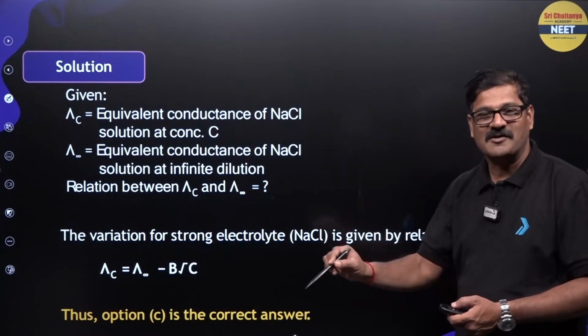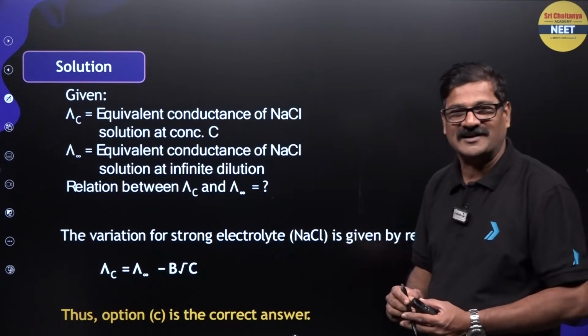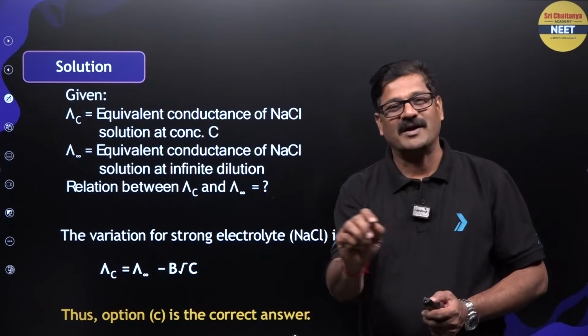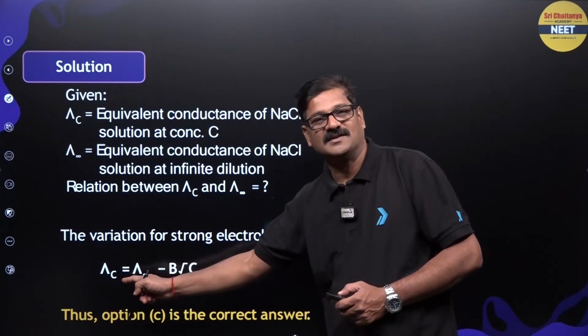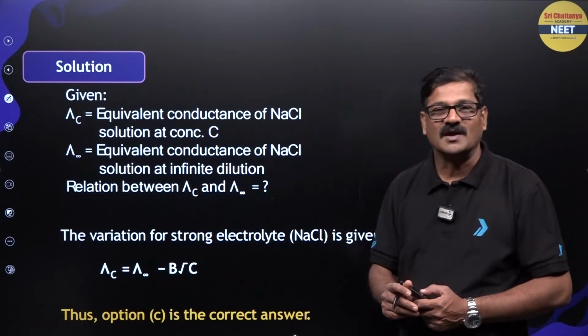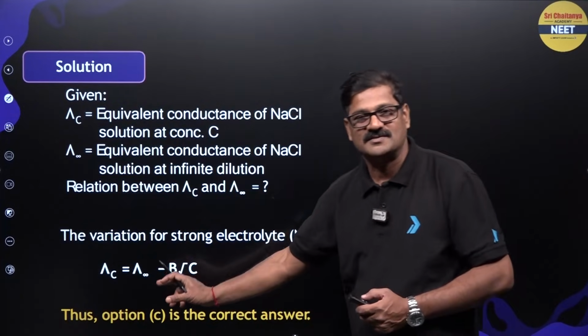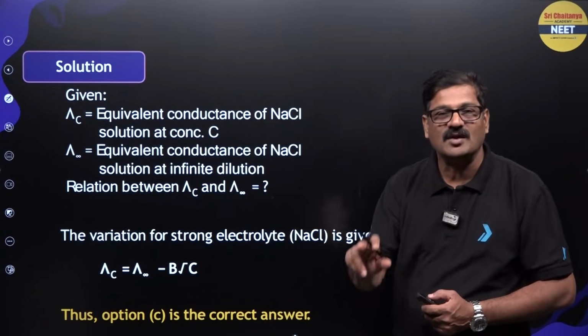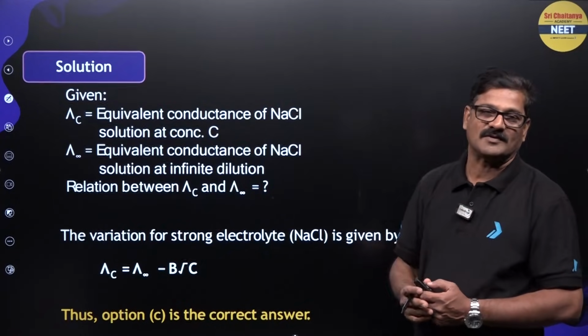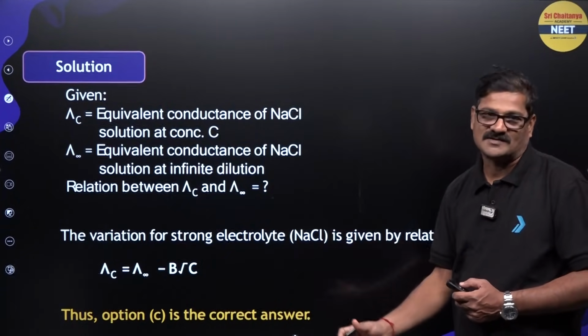The equation is not given in the NCERT, but the word Debye-Huckel rule is given. So, according to this, molar conductance at a given concentration is equal to the limiting molar conductance, that is, the molar conductance at infinite dilution, minus B root C. B is a constant, and C is the concentration.